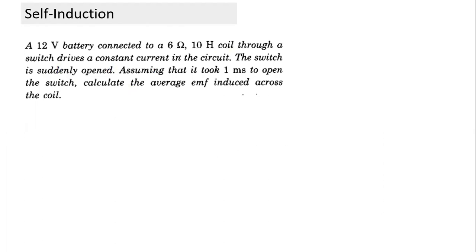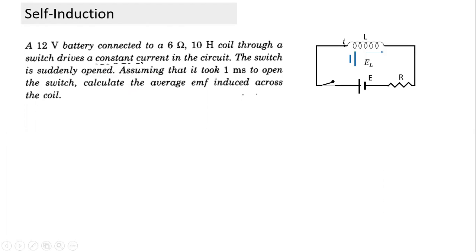Okay, so this is connected to a driver and drives a constant current. This is something you have seen earlier, something like this. So the switch is closed here. It is driving constant current here. And what is the constant current here? This R is given. It is the steady state current after a long time. When we talk about constant current, it's the steady state current after a long time.